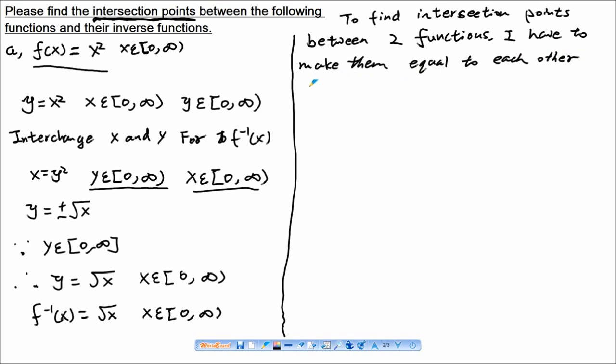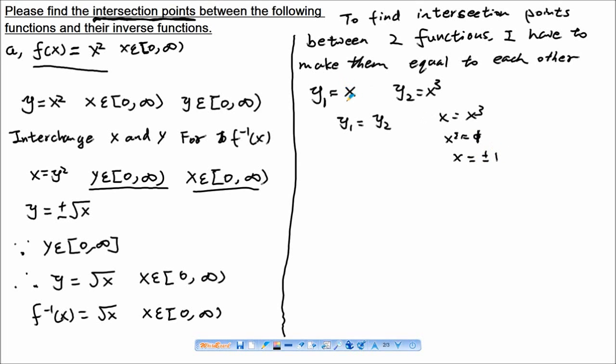For instance, if I want to find the intersection points between y1 equals x and y2 equals x cubed, I just make them equal. So y1 equals y2, then x equals x cubed. Then I solve the equation, x is going to be 0, positive 1 and minus 1.